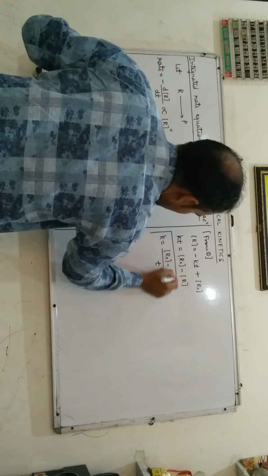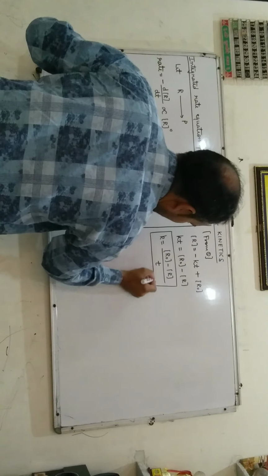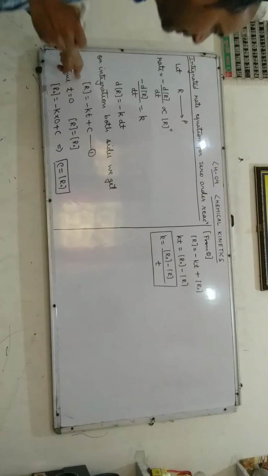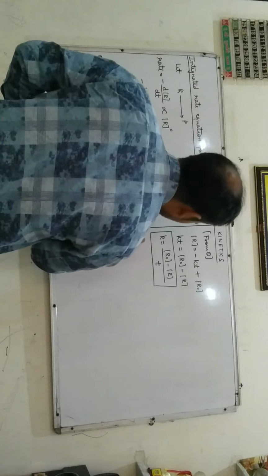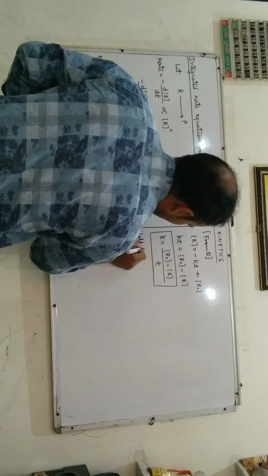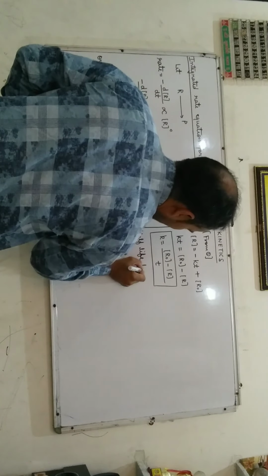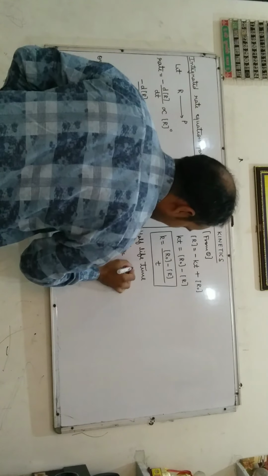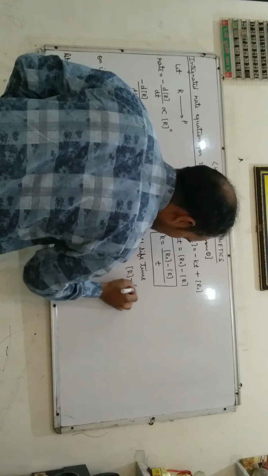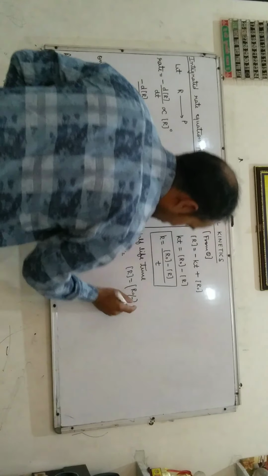That is a relationship between the velocity constant, time and concentration of reactant. At half lifetime, the value of t is substituted as t half and the value of R is equal to R naught by 2.